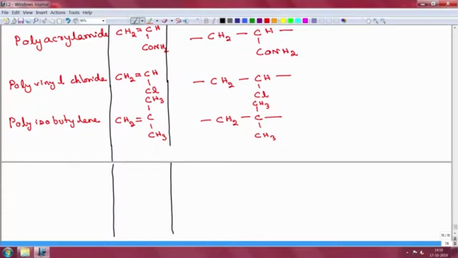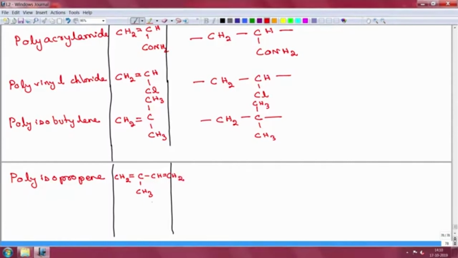Here is polyisoprene. Here your chain is slightly more complicated. You have a CH2, then a CH, a CH3 here, but this carbon is now attached to CH2.